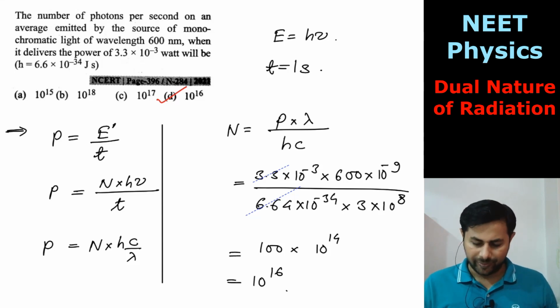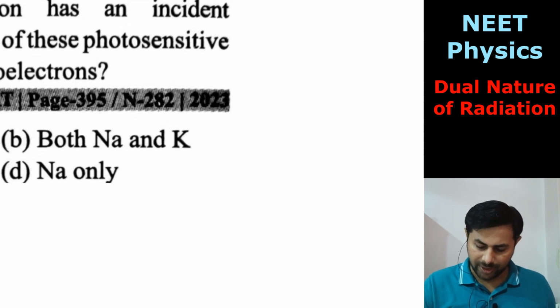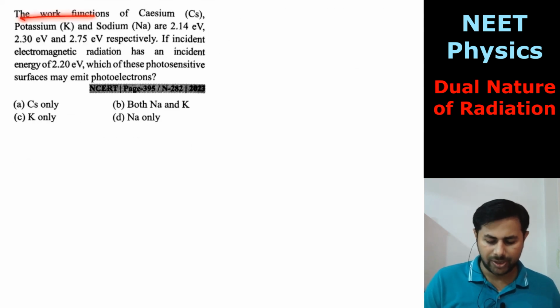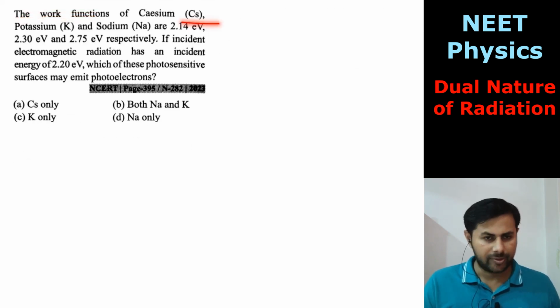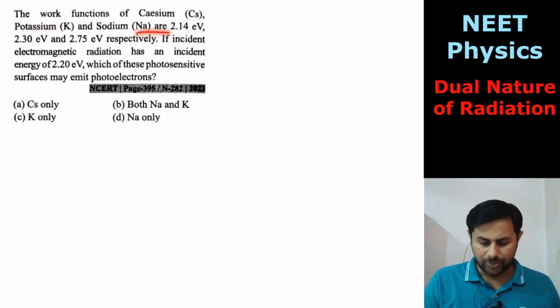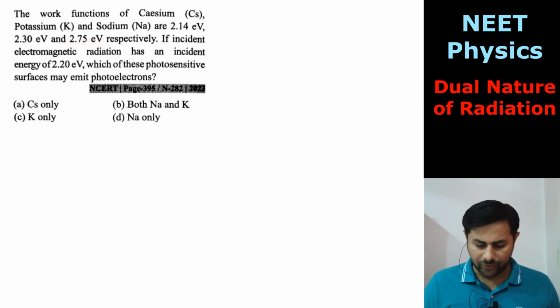All right, good. Let's see next one. This is from NEET 2023. The work functions of cesium, potassium and sodium are 2.14 electron volt, 2.30 electron volt and 2.75 electron volts respectively.